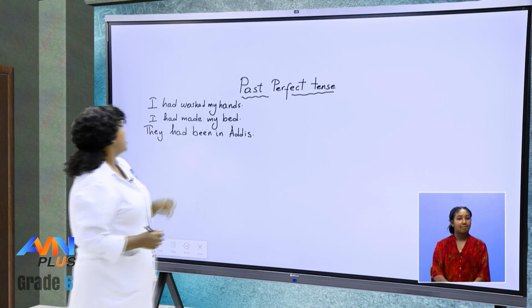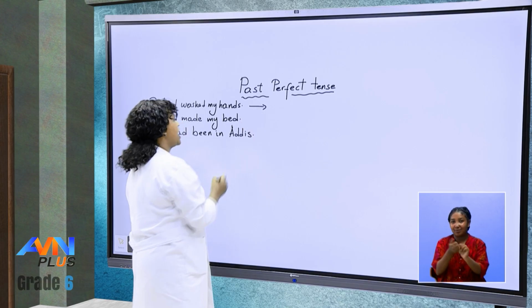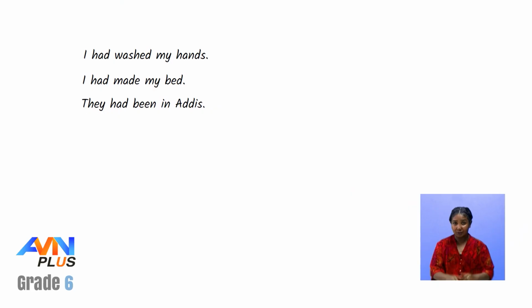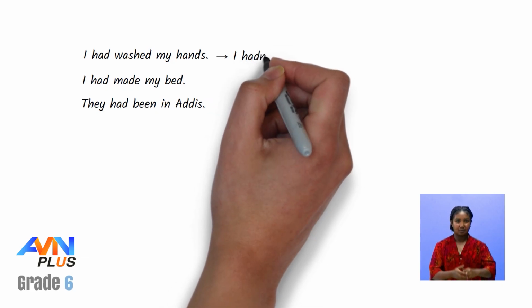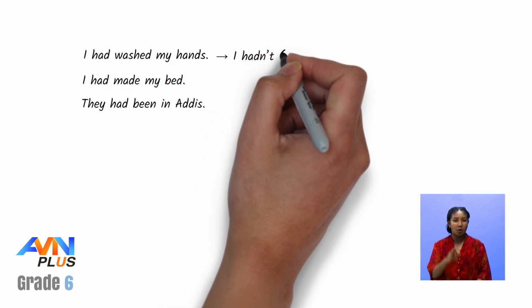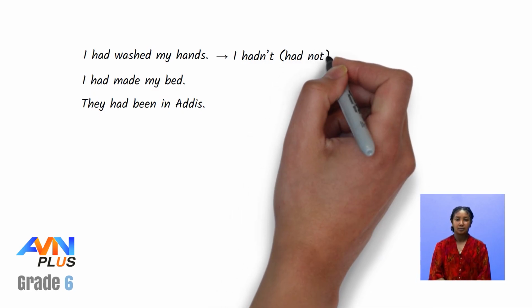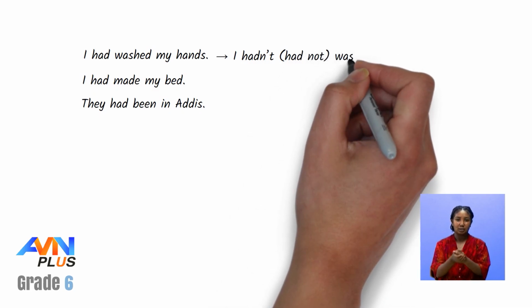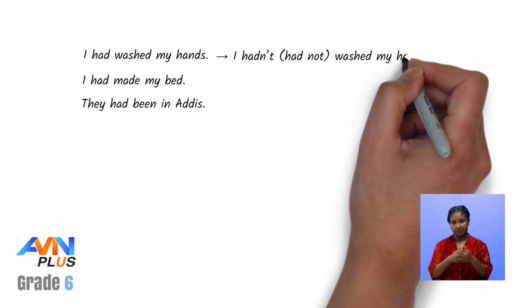All right, so we're back. I had washed my hands. Let's make it negative. I am sure you said I hadn't. I hadn't, or I had not, washed my hands. Too bad.